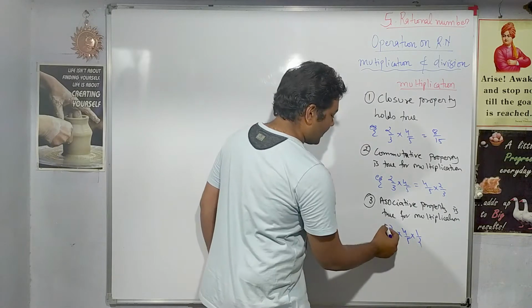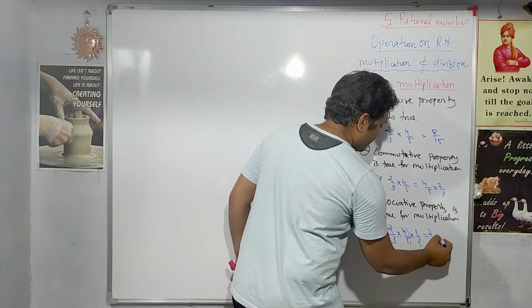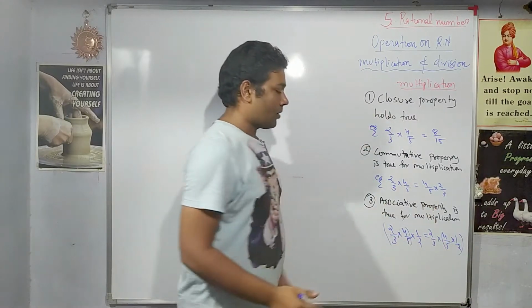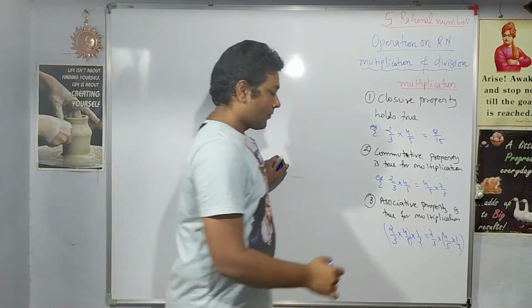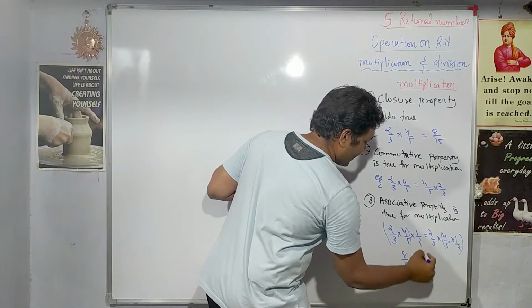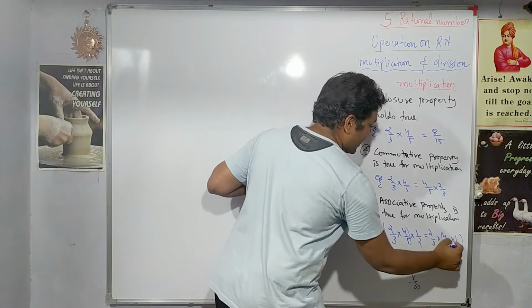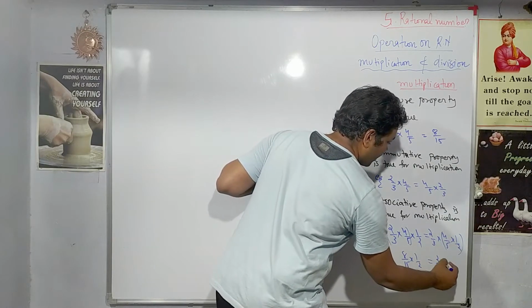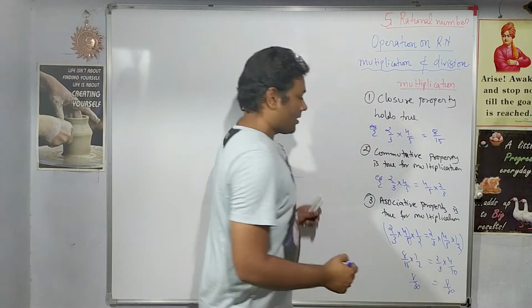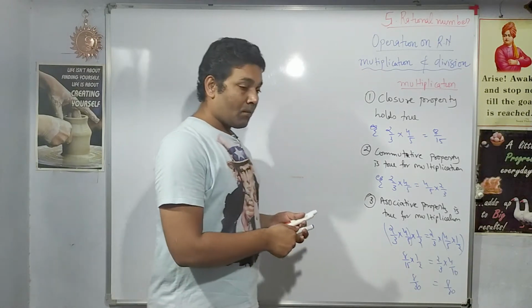Either you multiply the first two numbers and then the third number, or you multiply the last two numbers and then with the first one. Both are the same. Let us see. If we solve the bracket first and then multiply with this, what do we get? 8 by 30. Similarly on this side, if we multiply the bracket first, 4 by 10, the next step will again give the same answer. So the associative property also holds true in the case of multiplication.